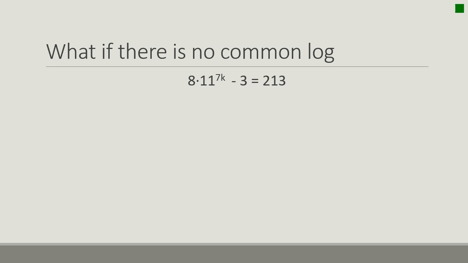Okay. Now sometimes we don't have a common base, I should say, not a common exponent. So what can we do? What I can do is isolate things and get this all by itself.